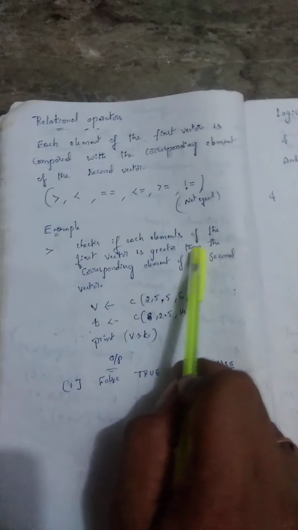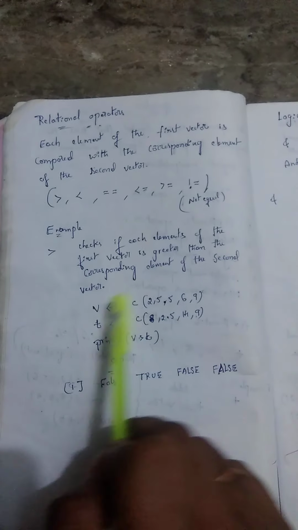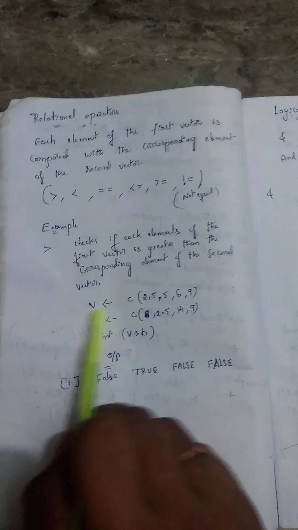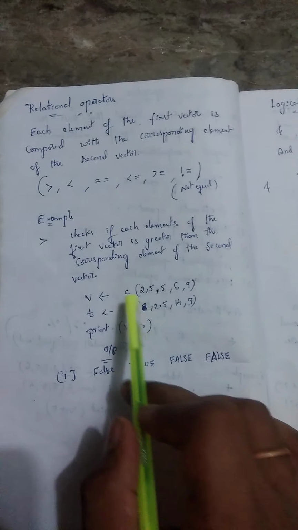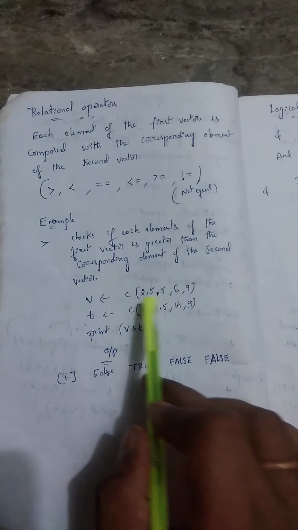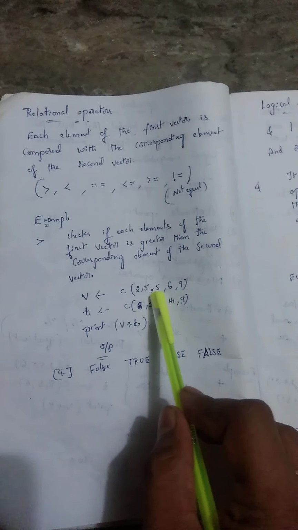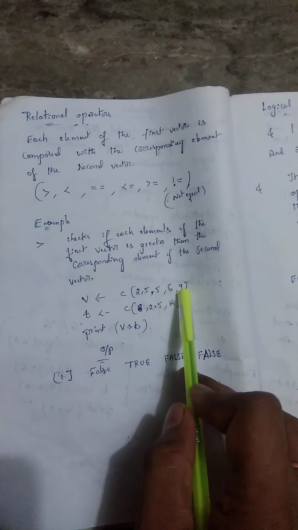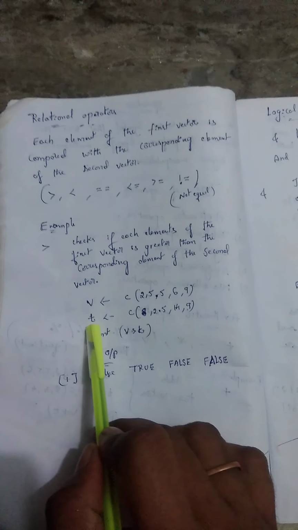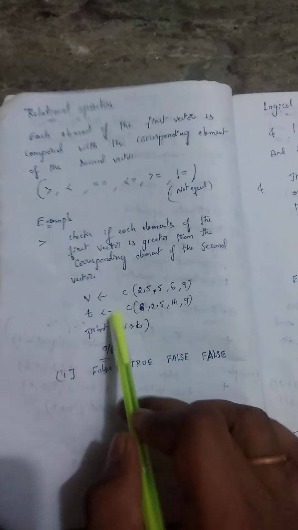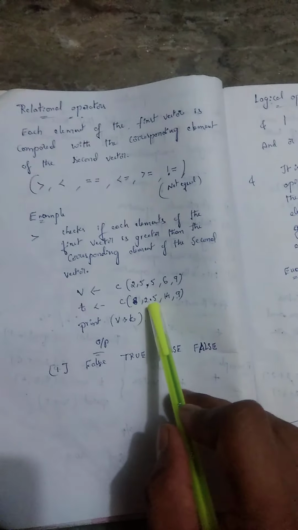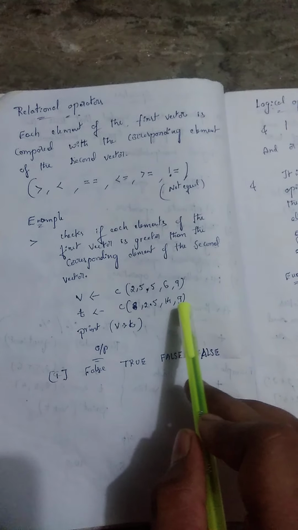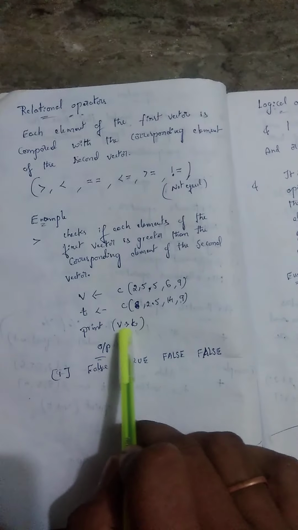Here we take a vector v with the prompt symbol and the c function, combining the elements 2, 5.5, 6, 9, and another vector t with the c function 8, 2.5, 14, 19. Print v greater than t.